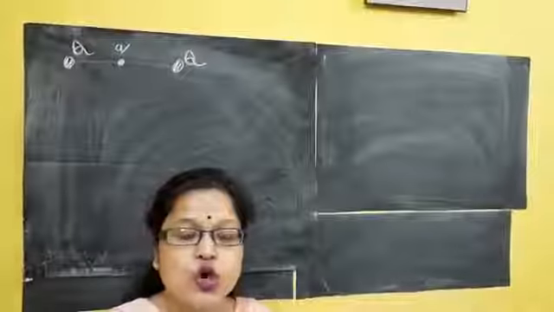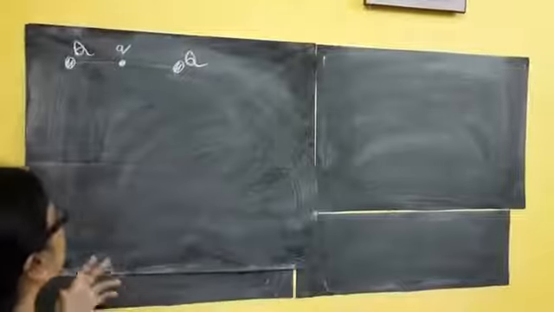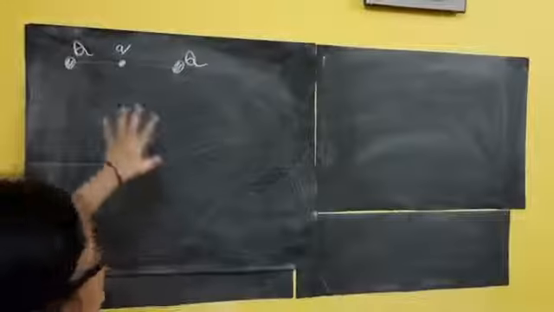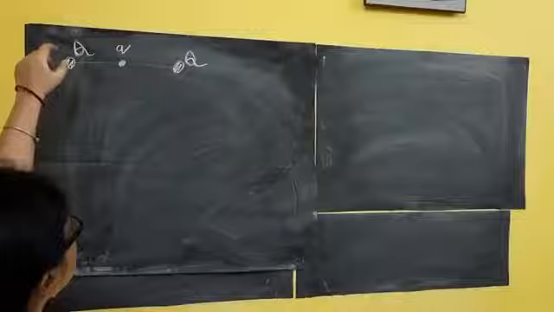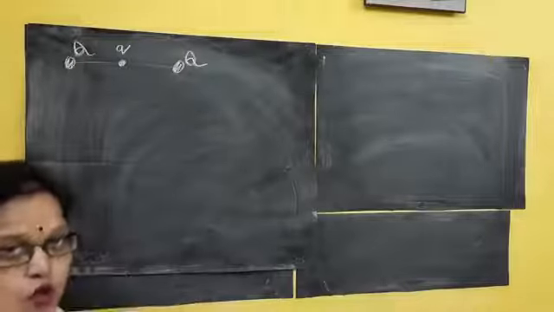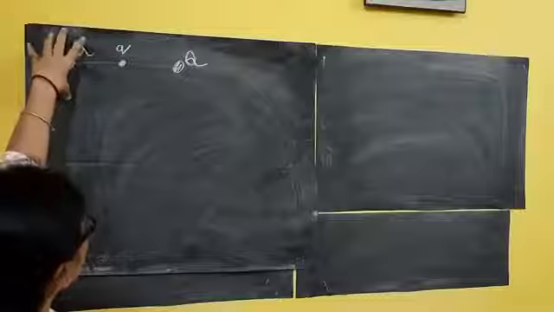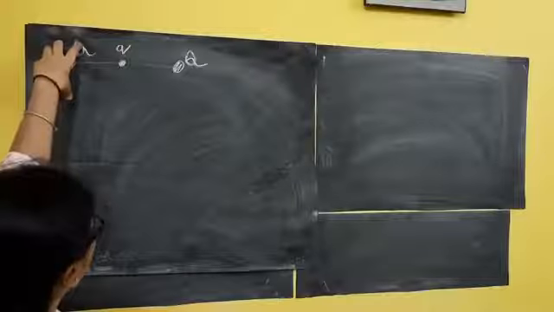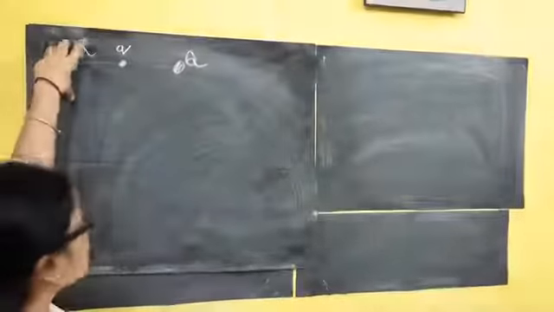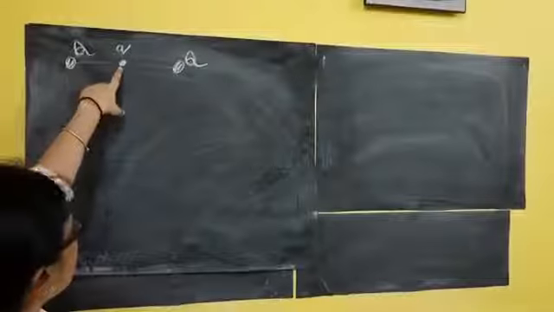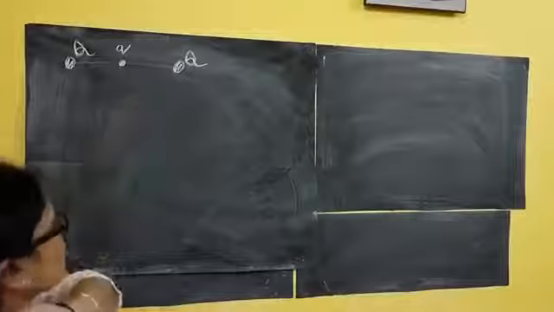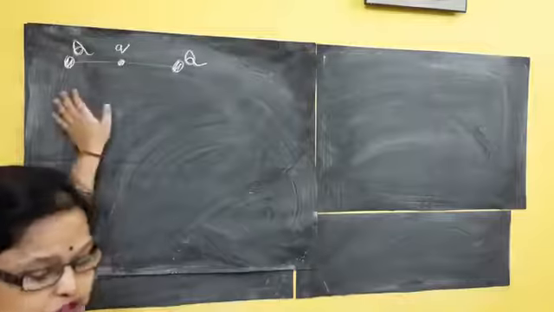Clear? So no information is given, so for my discussion I am considering all have the same charge. So suppose I am considering this q, on which two charges are acting with force. This small q is also applying force, and this capital Q is also applying force on the same charge.